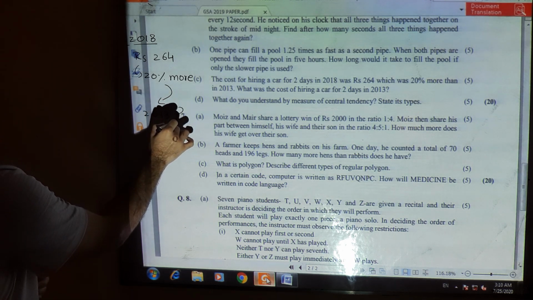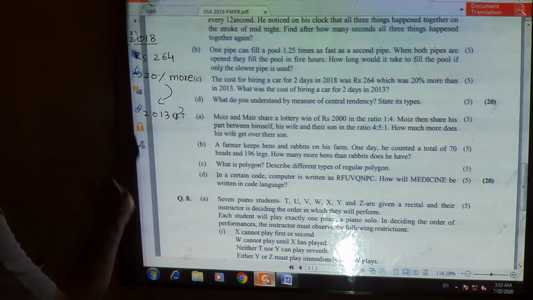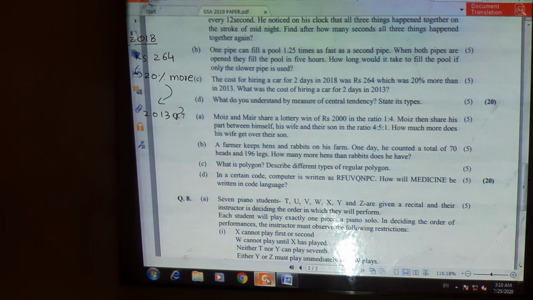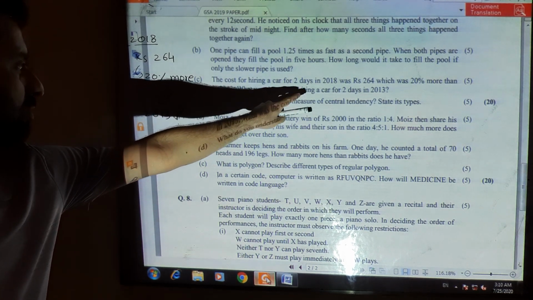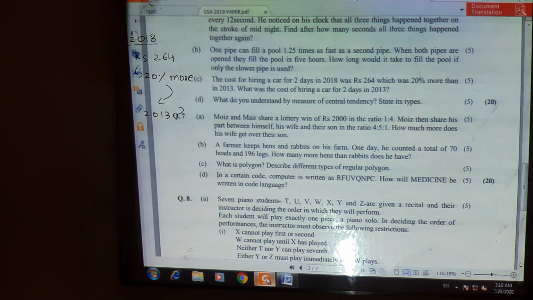Now the question mark is over here. What was the cost in 2013? Now you need to find this one. What was the cost of hiring a car for 2 days in 2013?